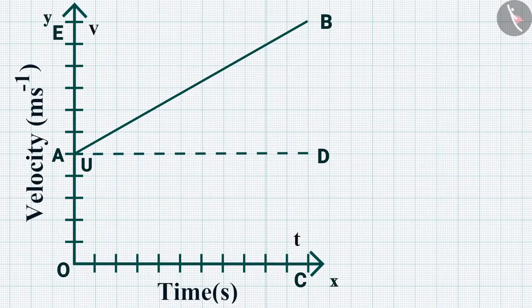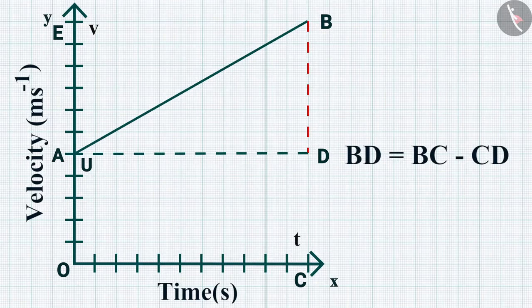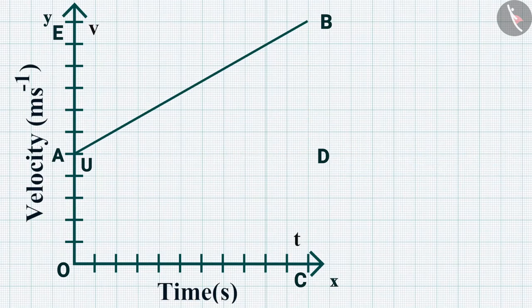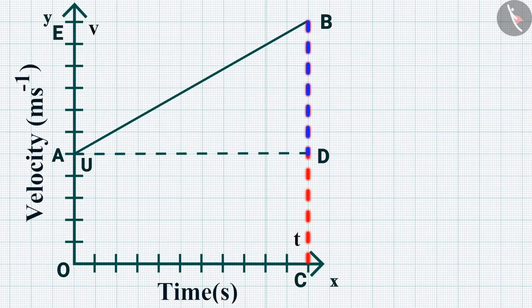The change in velocity is shown by the line BD, where BD = BC − CD. Now, let's draw a line AD parallel to OC. We can see from the graph BC = BD + DC = BD + OA.